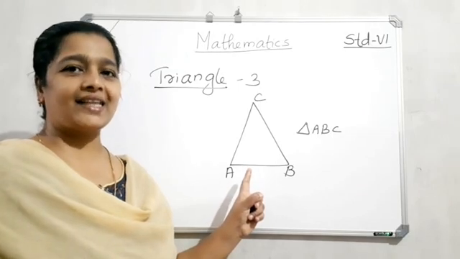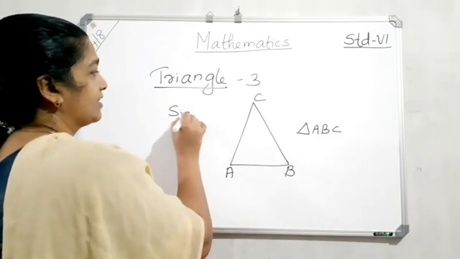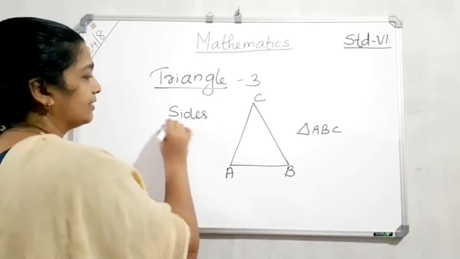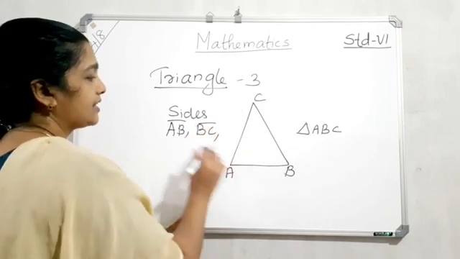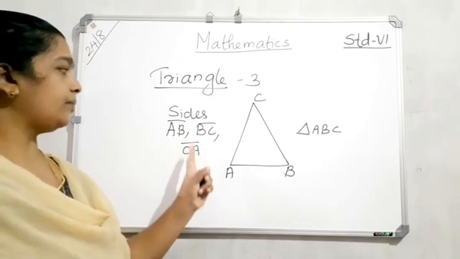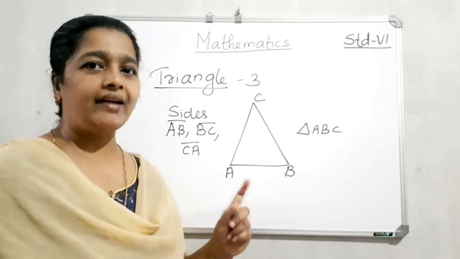These line segments are called the sides of the triangle. AB, BC and CA, or BA, CB or AC, are the sides of the triangle. So how many sides? 3 sides.